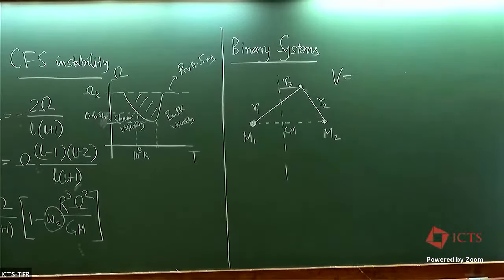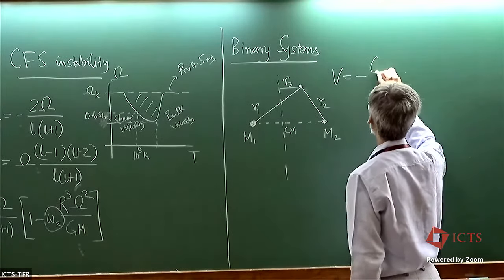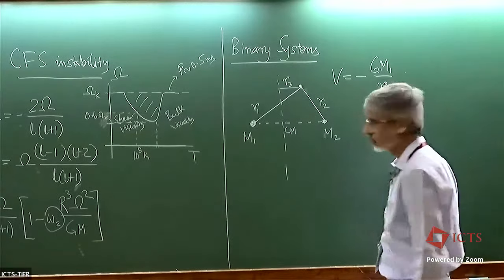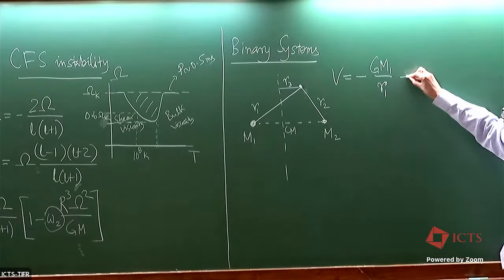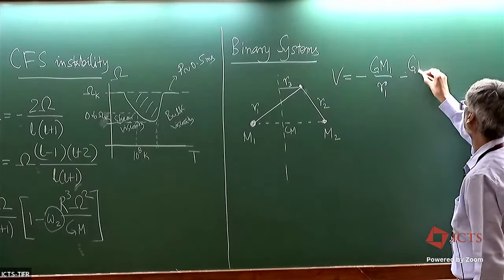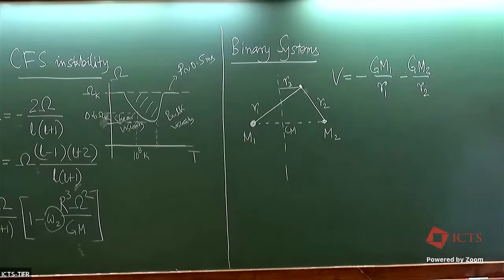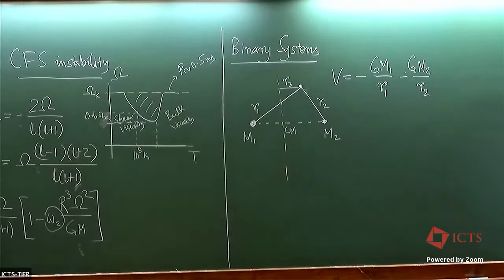So the potential that the observer here will experience is minus Gm1 over R1 minus Gm2 over R2. But this is co-rotating with the system.